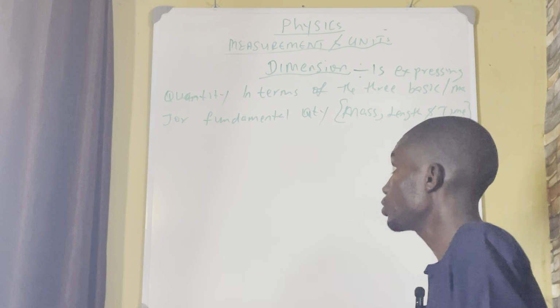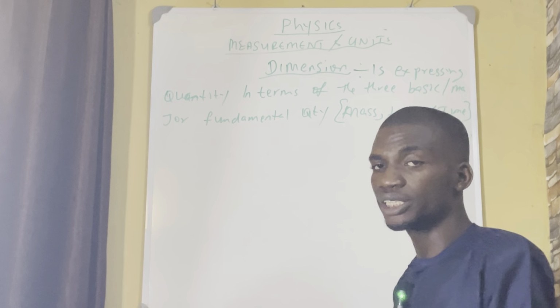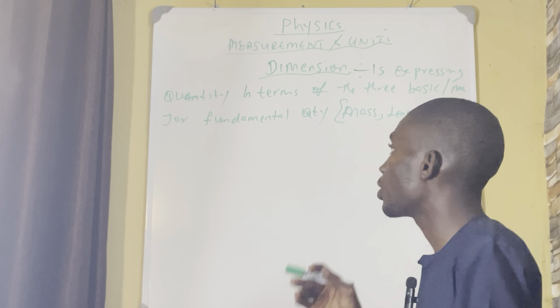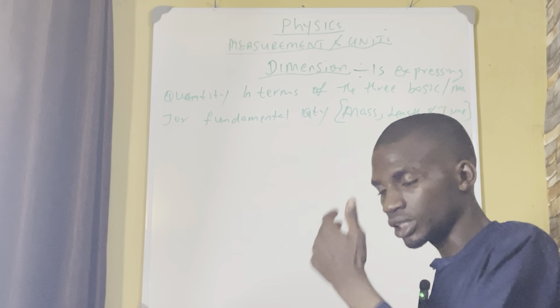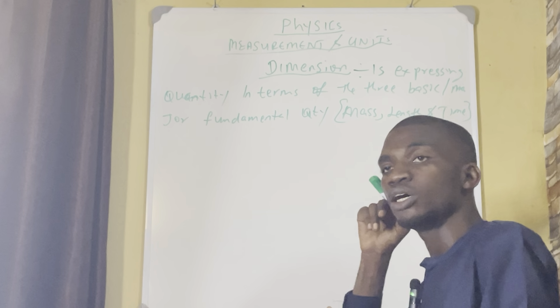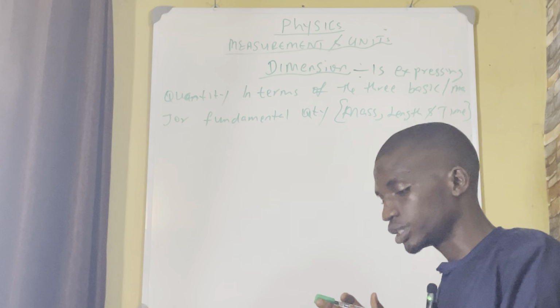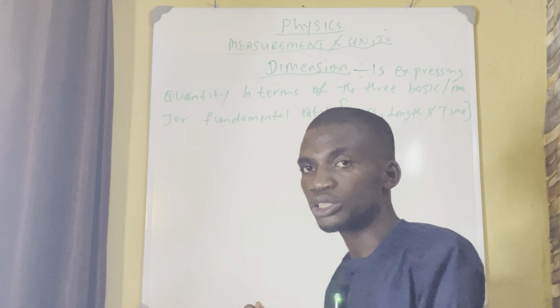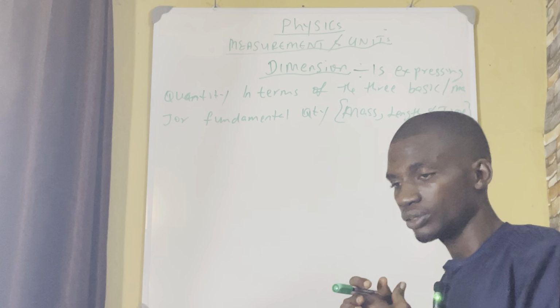This is the definition. You are expressing a quantity in terms of the three basic or major fundamental quantities, or you are converting a quantity to the three basic or major fundamental quantities. It is called dimension. It is called what? Dimension.